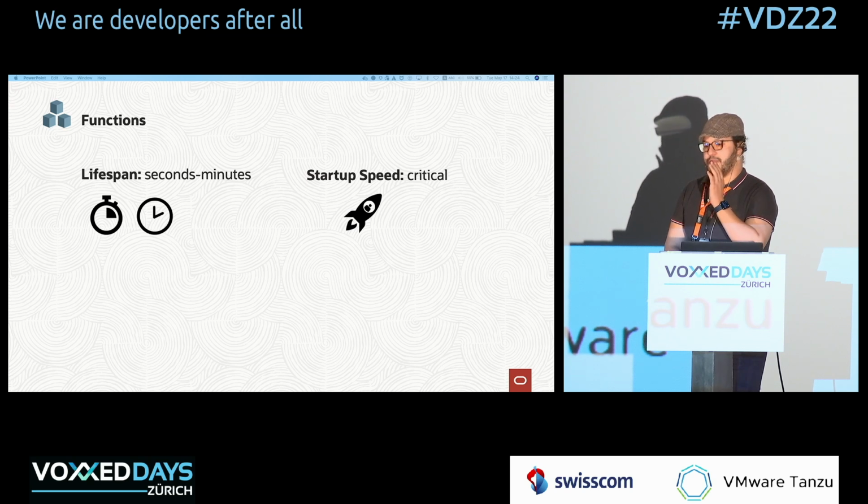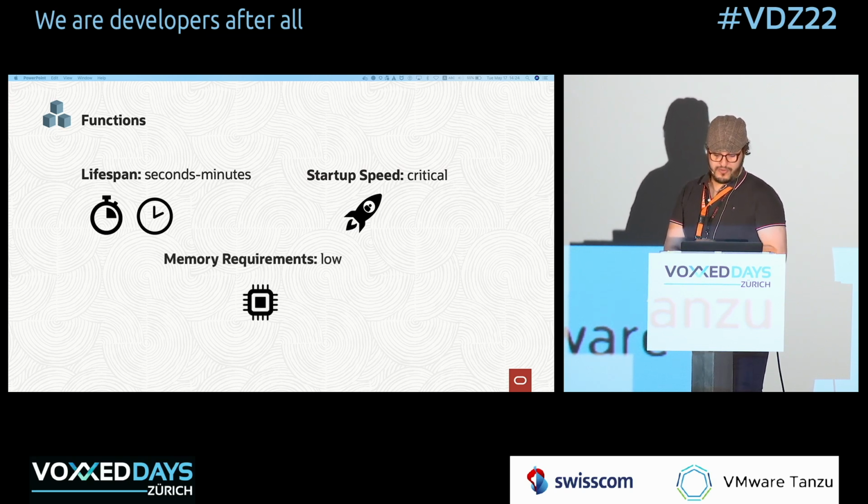If your startup is slow and big, you're paying money for something else and not your application's work. And for memory requirement, most of them are limited. So the JVM's own footprint, part of loading an application in JVM mode, is very significant compared to your function.